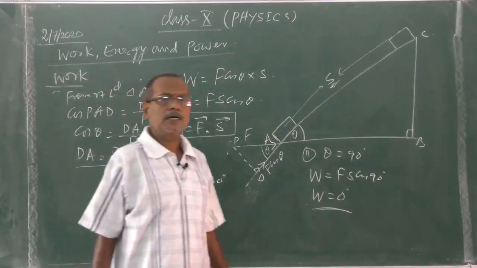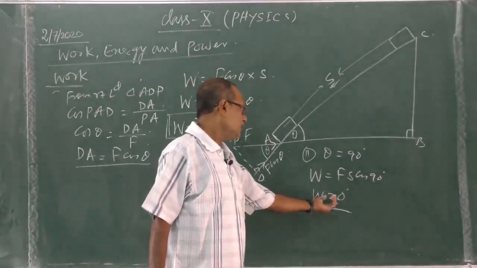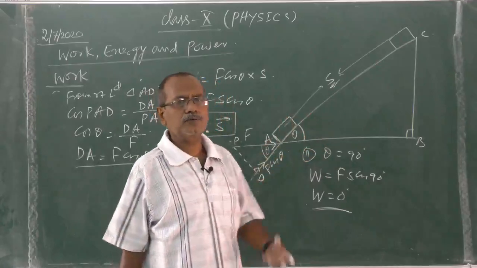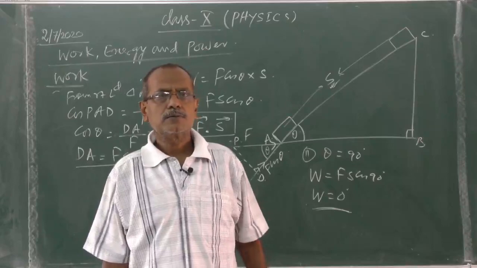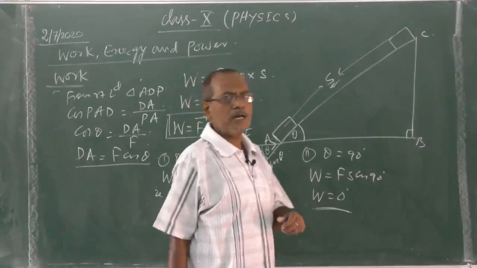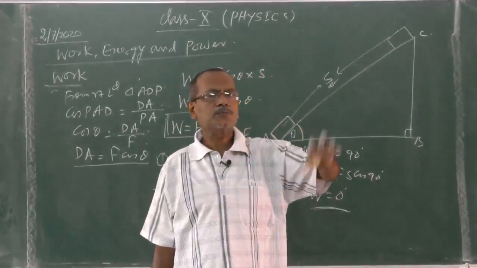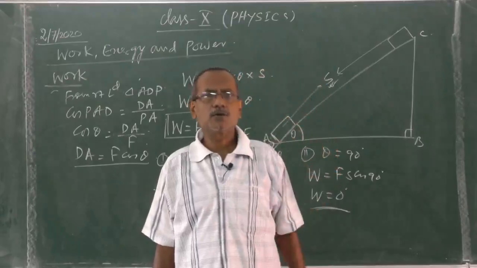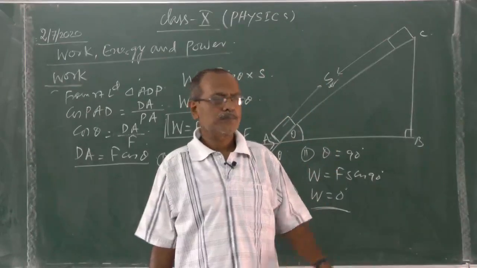It means when the angle between displacement and applied force is 90 degree, work done is 0. One example I am giving you. A coolie is moving by lifting a load on his head, on the platform.